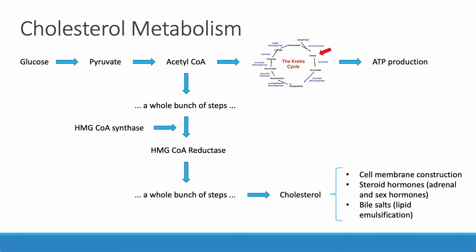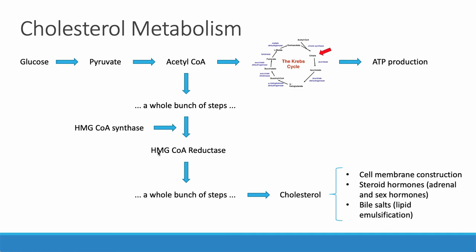Maybe not, but I'm sure you've heard of HMG coenzyme A reductase inhibitors. And this turns out to be the step that we target with statins to reduce LDL cholesterol. When we use a statin, it is an HMG coenzyme A reductase inhibitor, and we inhibit cholesterol production with that.